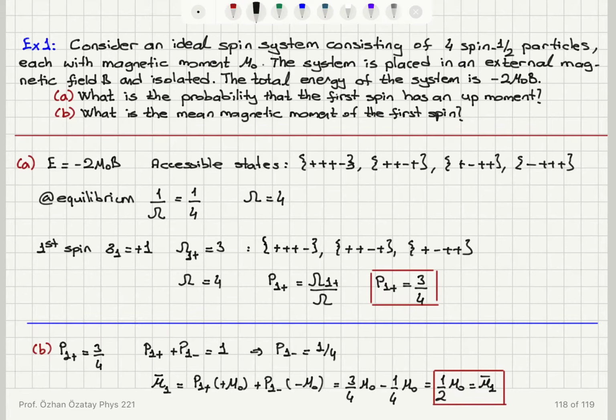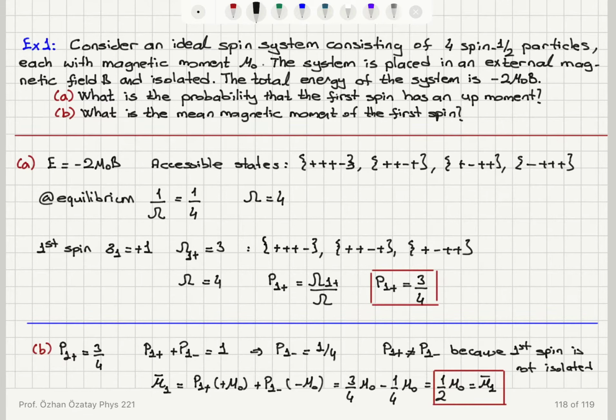Now you can notice here that for the first spin, P1 plus is not equal to P1 minus. The probabilities of the spin being up and down are not the same. And why is that the case? Because the first spin is not isolated.